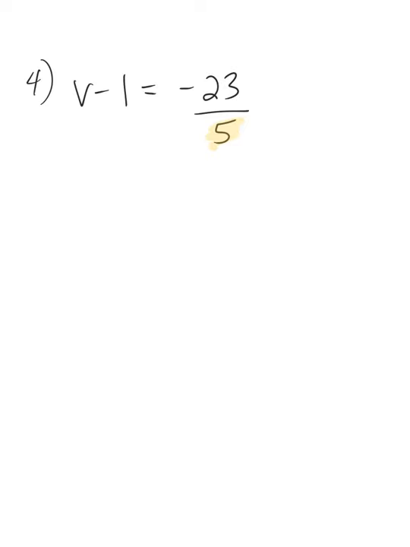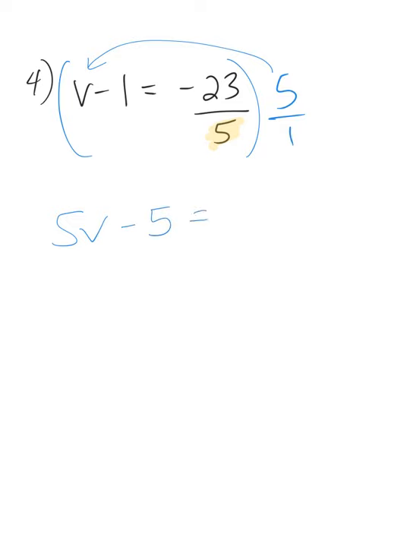Multiply the whole equation through by 5, and that will get rid of your fraction. So 5 times v is 5v, 5 times negative 1 is negative 5, and these cancel out, leaving negative 23. So now it's 5v minus 5 equals negative 23.